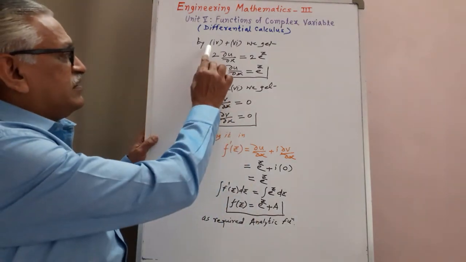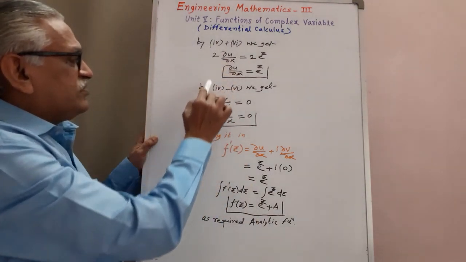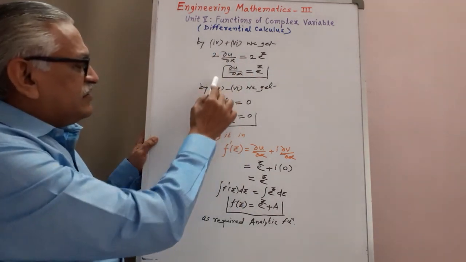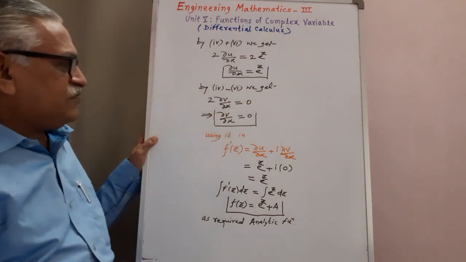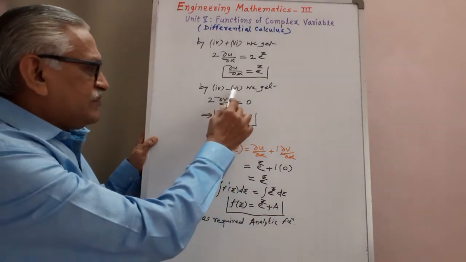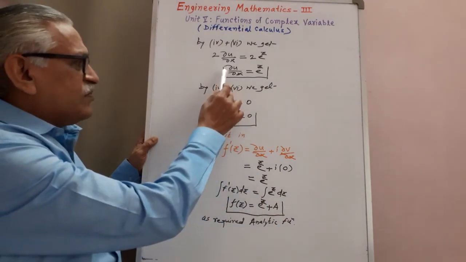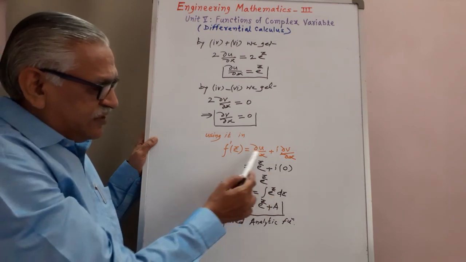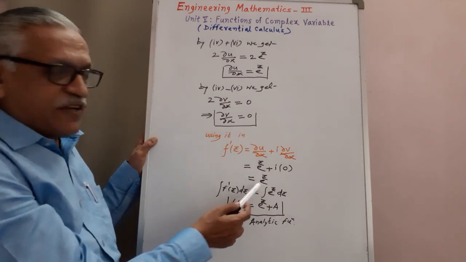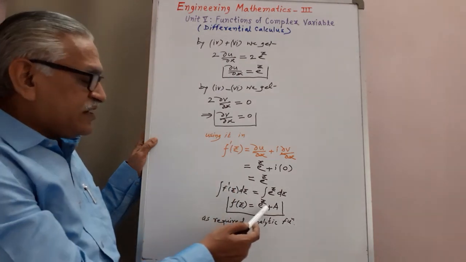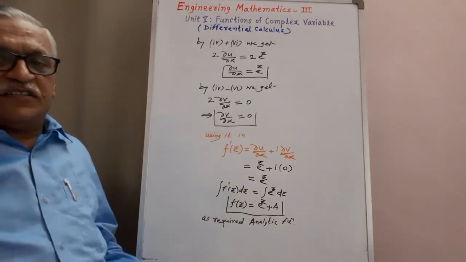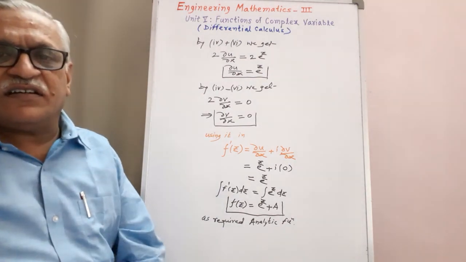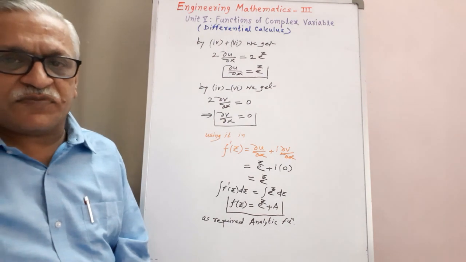Then perform two steps: first add 4 plus 6, and then subtract 4 and 6, to get the values of dou u by dou x and dou v by dou x. Whatever those values are, we put them in this equation to find f dash of z, and after getting f dash of z, integrate it with respect to z to obtain the required analytic function. These are the main, important steps.